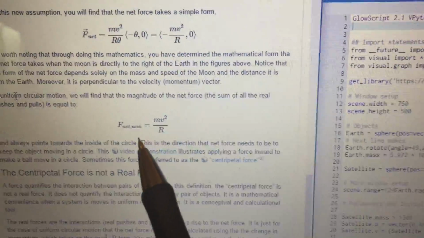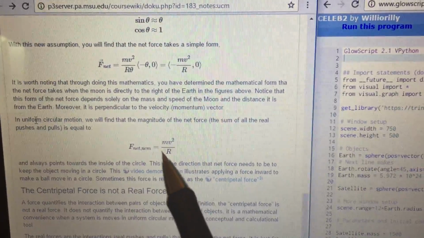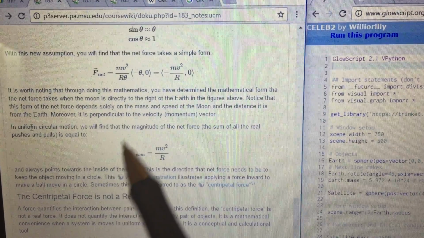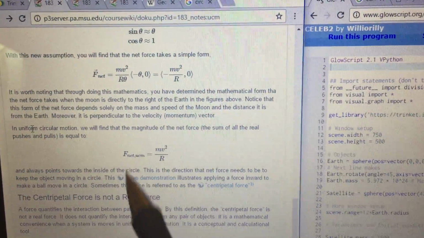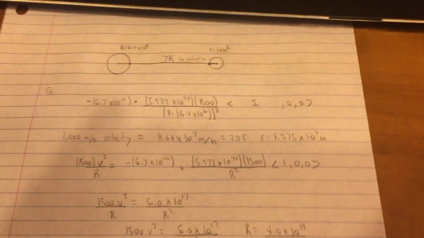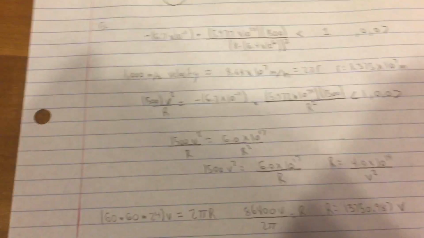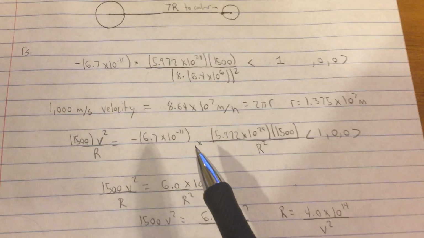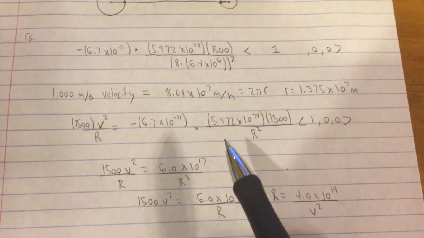And also using this equation, which gives us the net force given a mass, velocity, and radius that uniform circular motion will need to occur. So since the satellite will be orbiting in uniform circular motion, we can set these two equations equal to each other to determine the relationship.